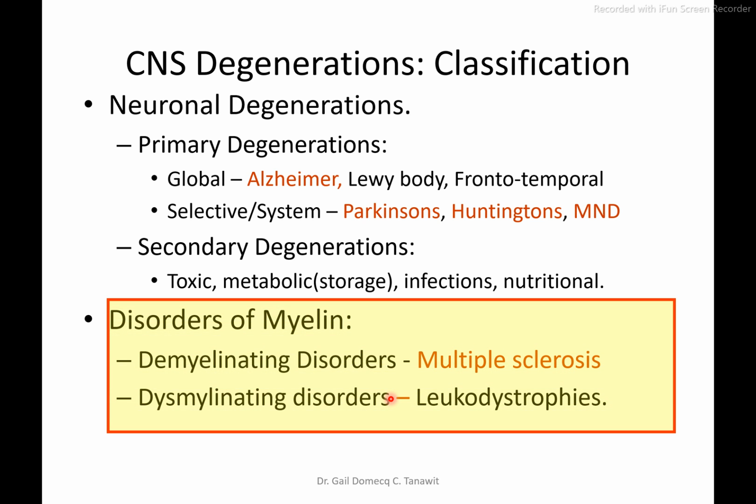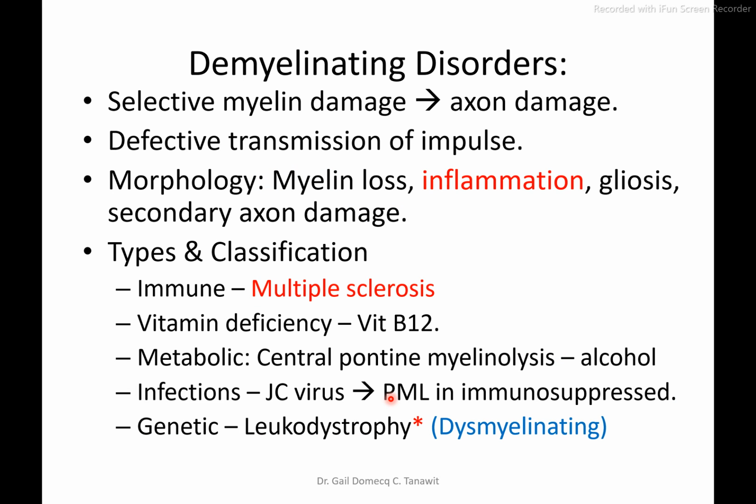For the demyelinating disorders, okay, so we have a selective myelin damage leading to axon damage, defective transmission of impulse.